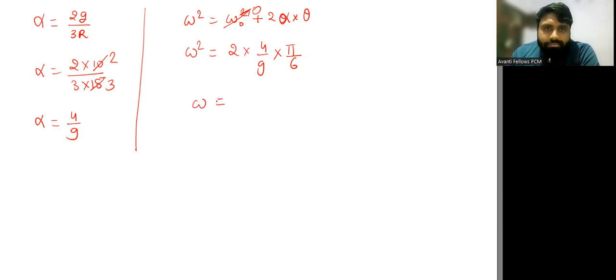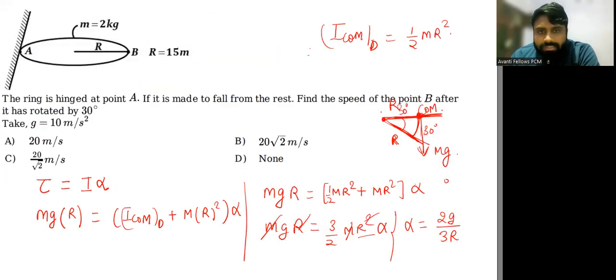So omega square here is equal to 2 into 4 upon 9 into pi by 6. So it is 4 upon 9 into 3 into pi. So alpha we have put as 2g by 3.